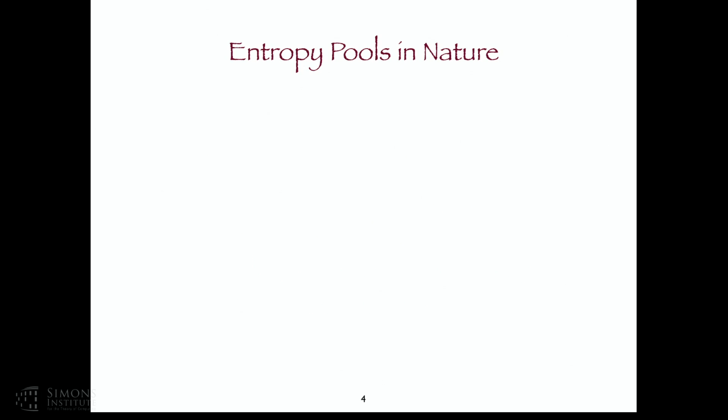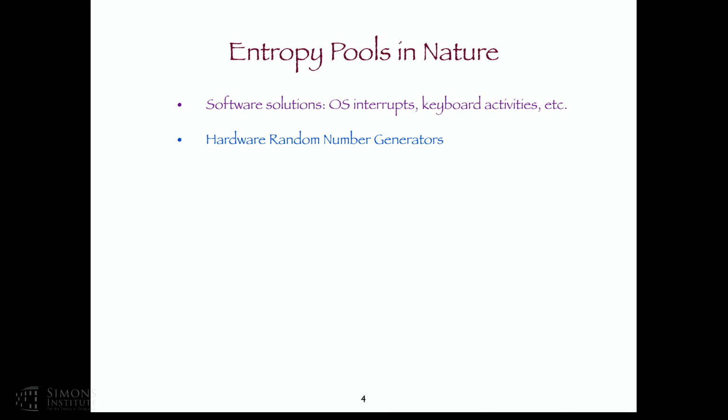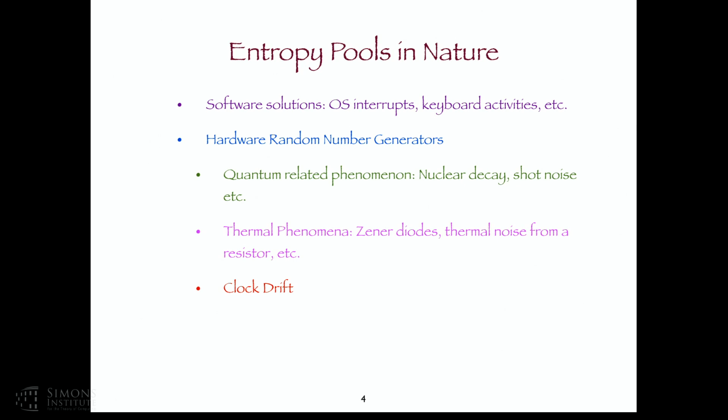All right, so the question now is, how do you get access to these random bits? Well, there are various ways of collecting entropy from various sources. There are software solutions, like using operating system interrupts, keyboard activities of users, and things like that. More sophisticated techniques require access to some physical sources of randomness.